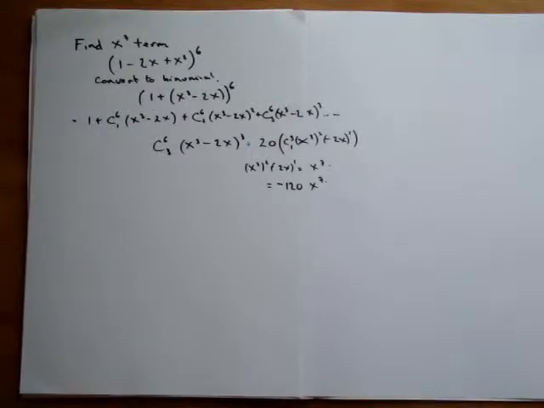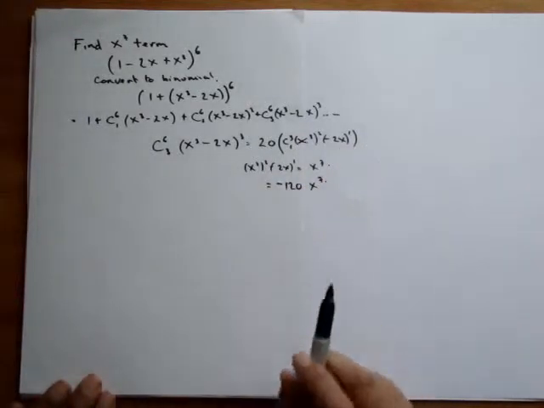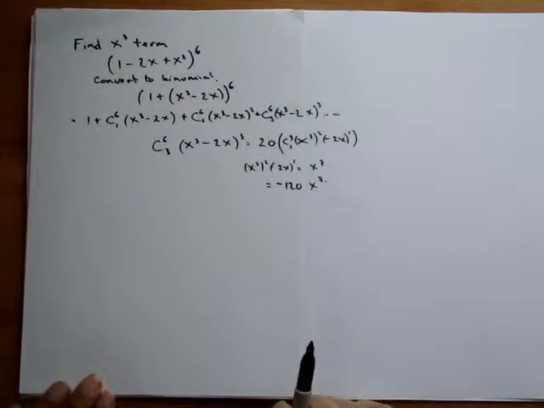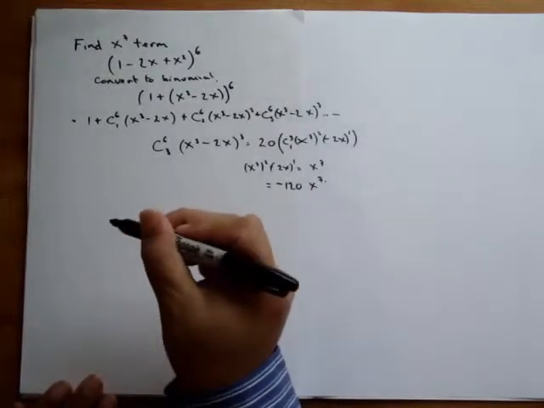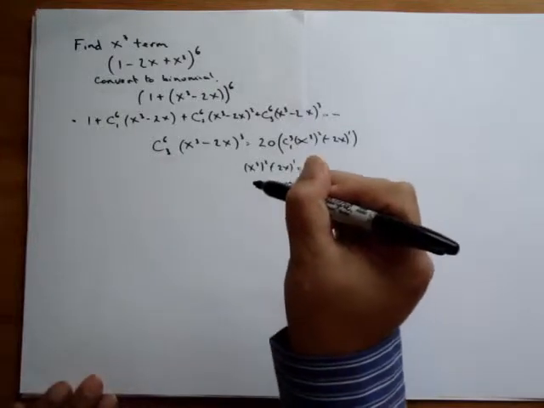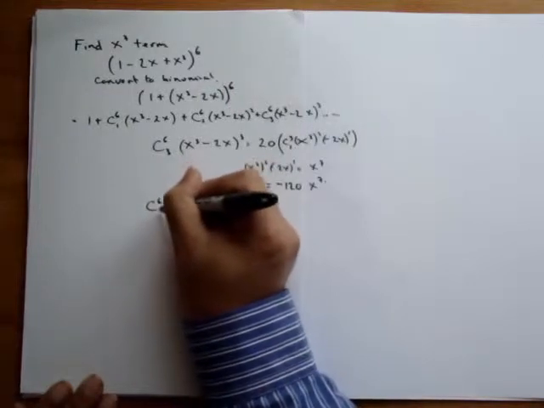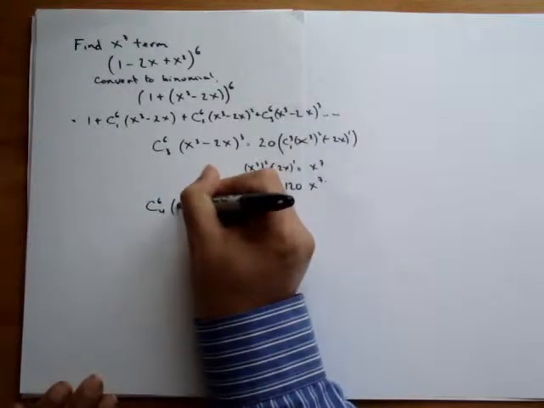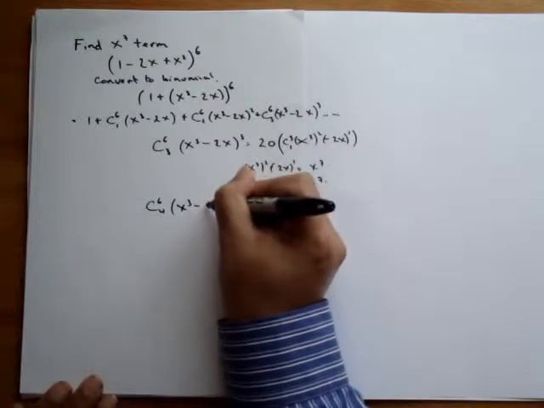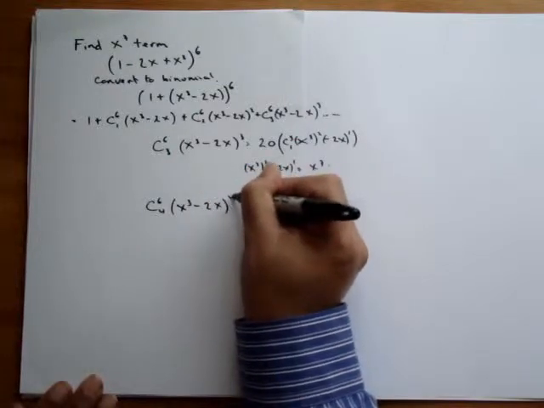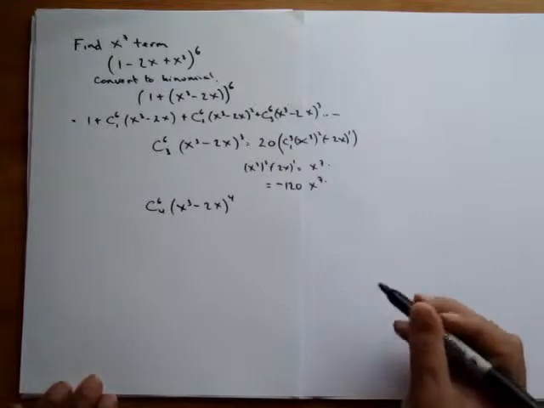Okay, so let's have a look, are there any other terms? So what's the next term along that might give us an x to the power 7? So if we have C 6 4 x to the power 3 minus 2x to the 4, will that give us anything?